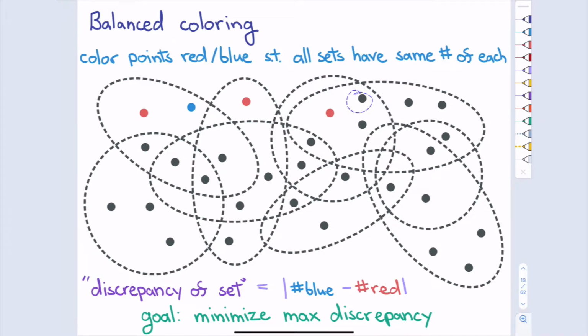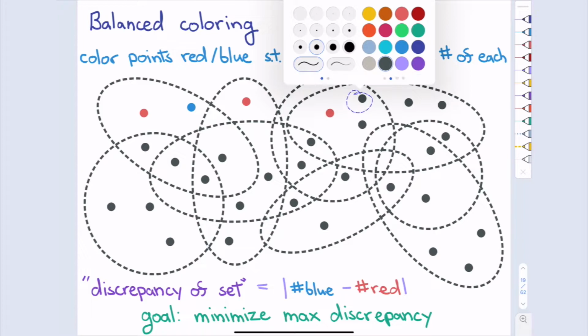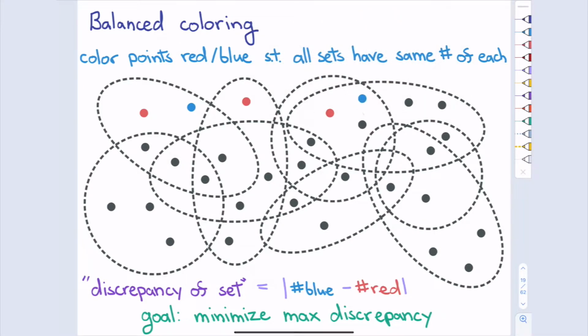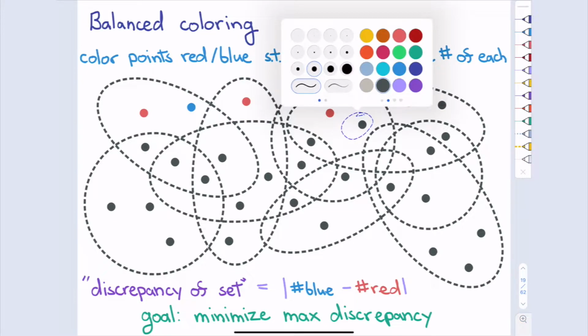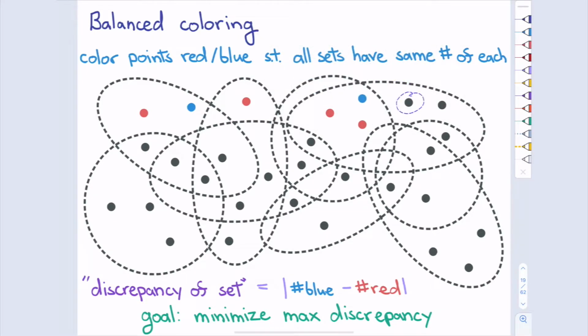Up here. Up here, or down below. Come on, guys, we got a lot of points left. Just pick red or blue. All right, how about this one? All right, somehow you guys seem to agree.